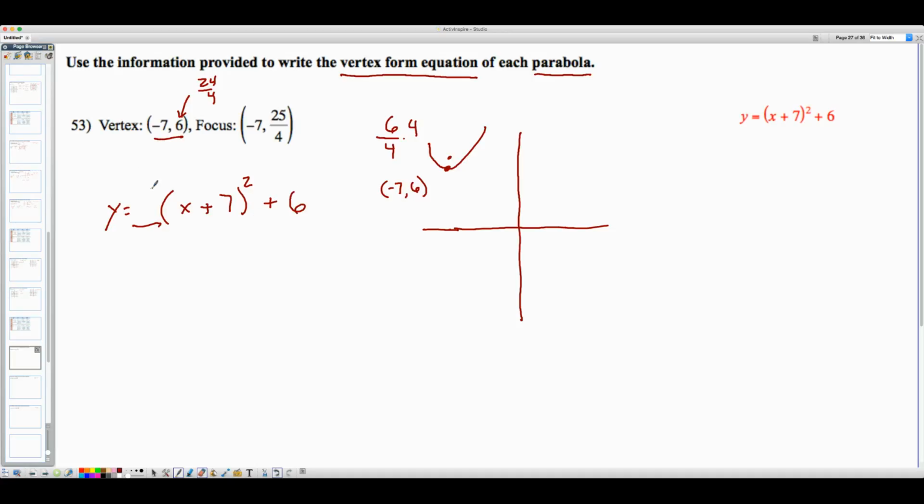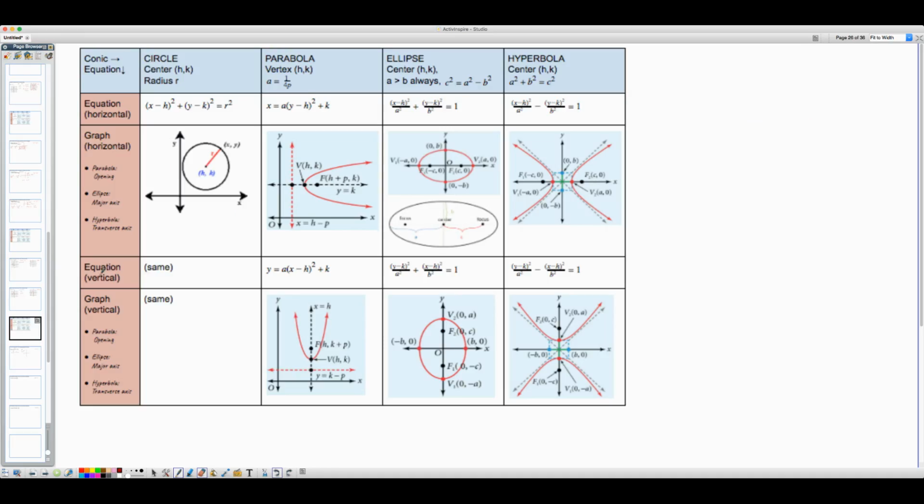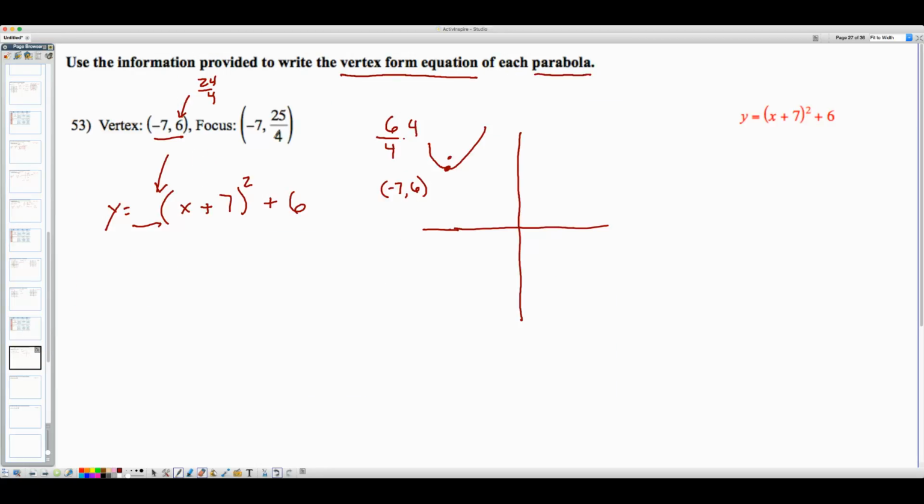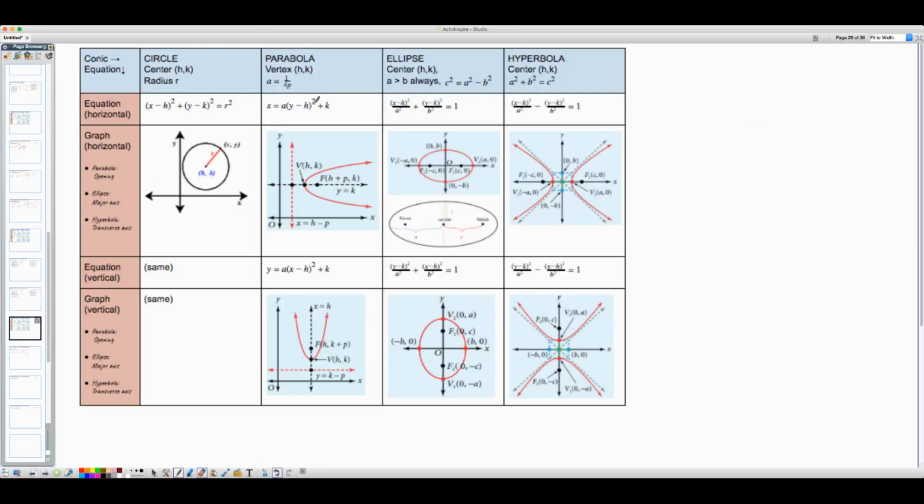But I need to know what this value is. And I don't know what this is yet. I know that, according to the formula, it's 1 over 4p. Well, what is p?